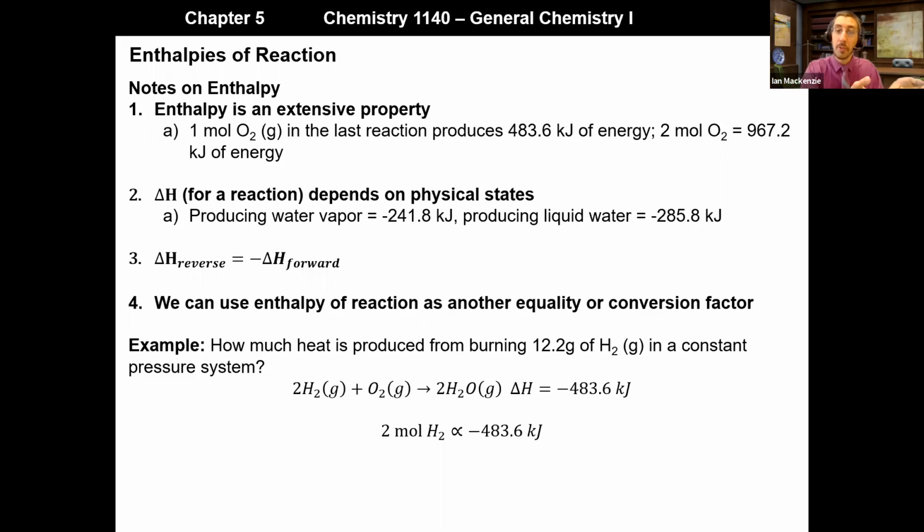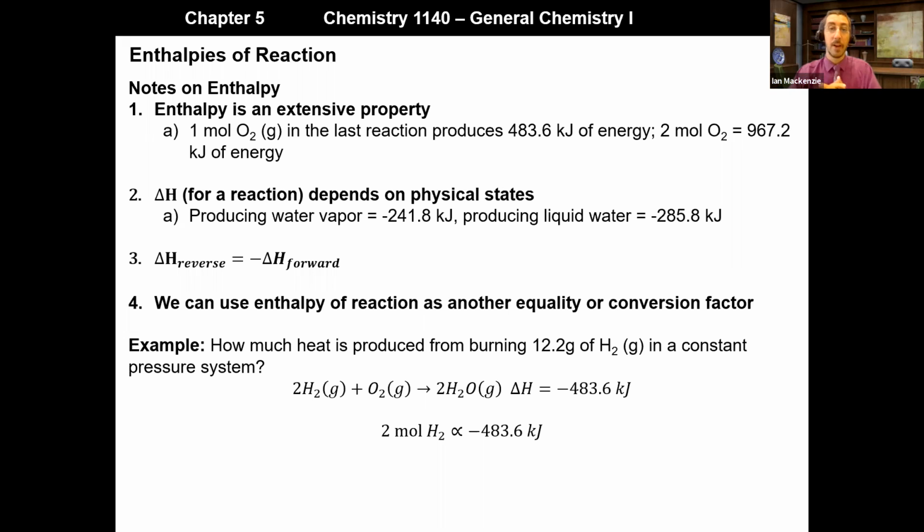So 2 moles of hydrogen is proportional to negative 483.6 kilojoules. That is now a proportionality or an equality. We can use it as a conversion factor. We can say, oh, 2 moles of H2 in this reaction equals, because it produces, negative 483.6 kilojoules.